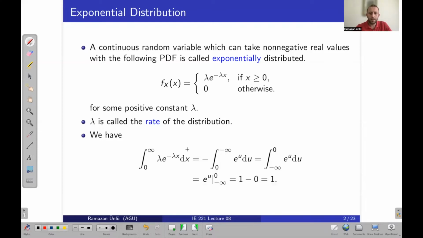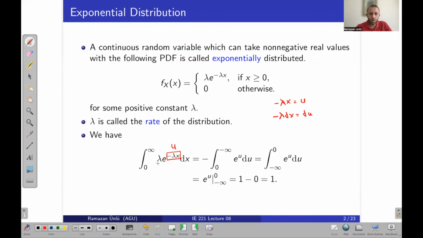So how can I do that? Let's say this guy is u. So let me write here, minus lambda x is equal to u. That means minus lambda dx is equal to du. So let's substitute the x's with u.